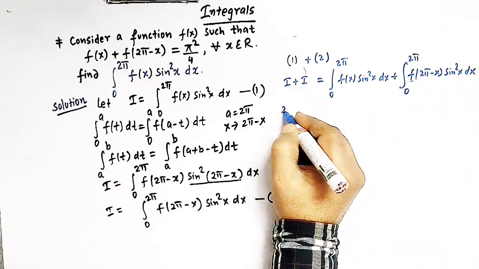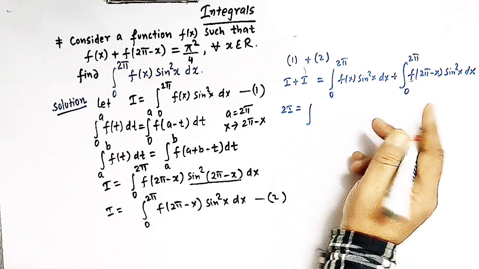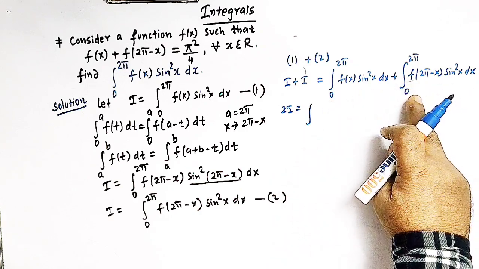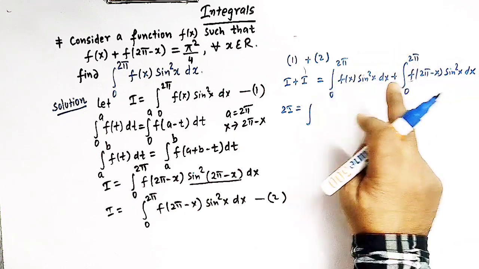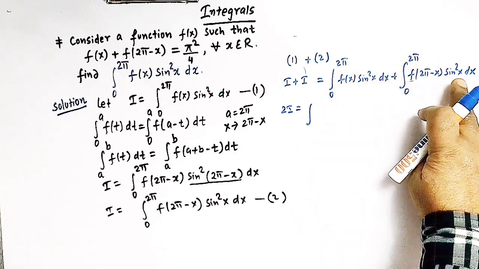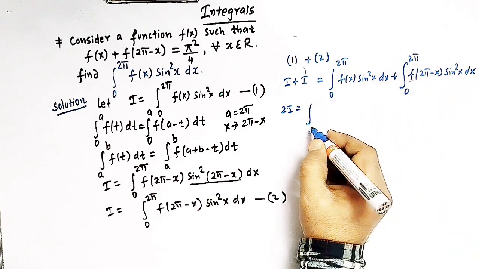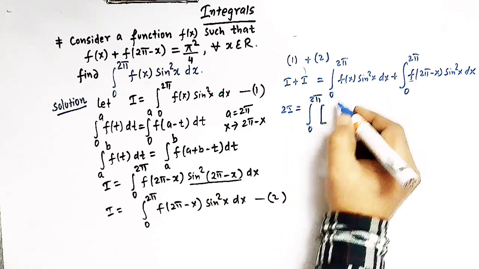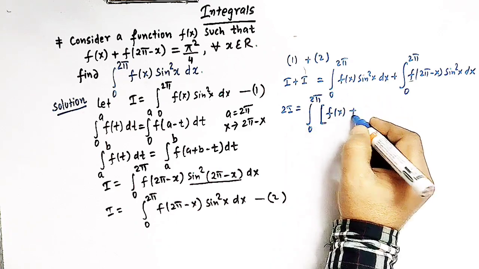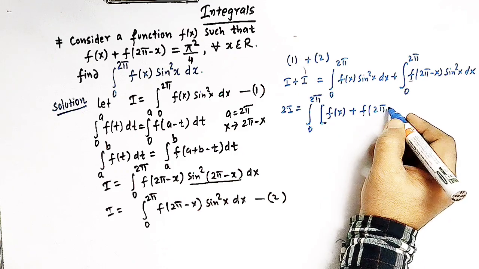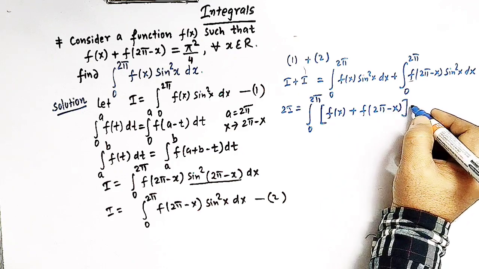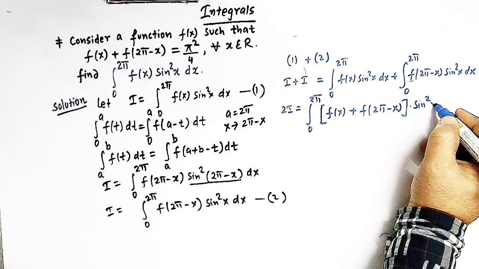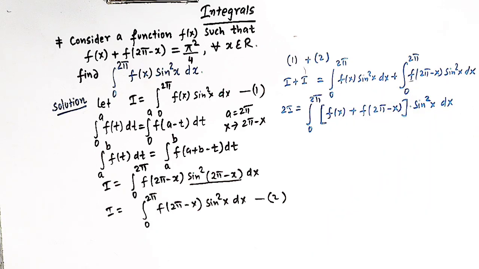So I plus I is 2I, and here we can see that in both the integrals the limits of integration are the same, right? And here we have sine square x, and here we have sine square x. So we can now write the integral from 0 to 2 pi, and we can take f of x plus f of 2 pi minus x, and then take sine square x common, so we have sine square x dx.